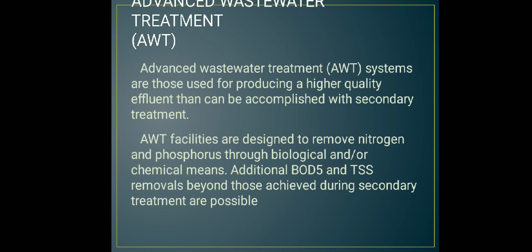Advanced wastewater treatment, or AWT, systems are those used for producing a higher quality effluent than can be accomplished with secondary treatment. These facilities are designed to remove nitrogen and phosphorus through biological or chemical means. Additional BOD5 and TSS removals beyond those achieved during secondary treatment are possible.